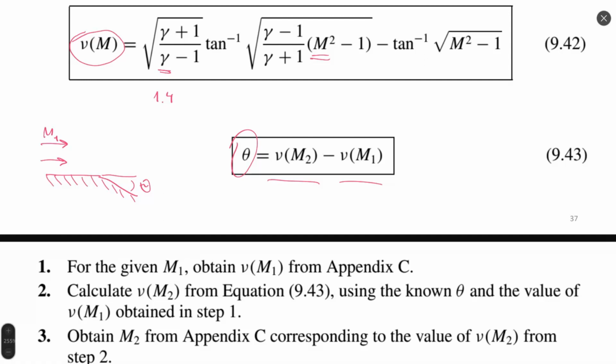Then when we have M1, we calculate function of Prandtl-Meyer according to equation 42. This is 0.1 on the next slide. Or same function of Prandtl-Meyer can be seen from Appendix C. It's very simple.